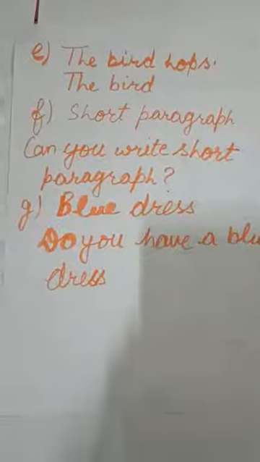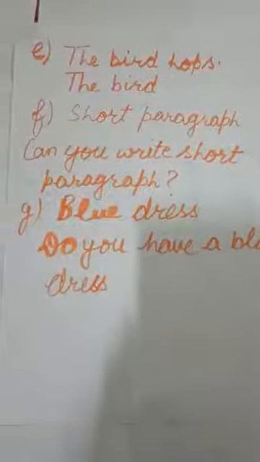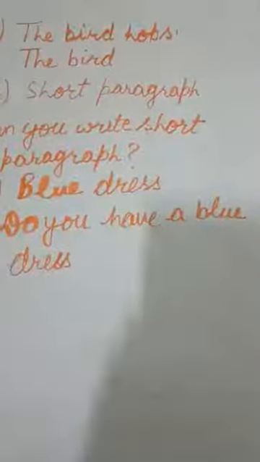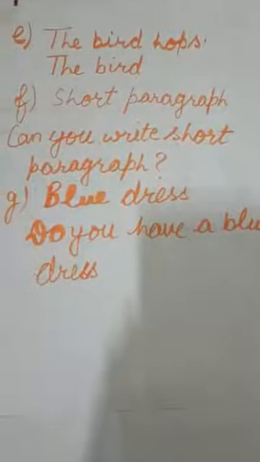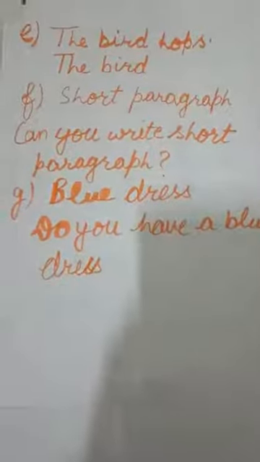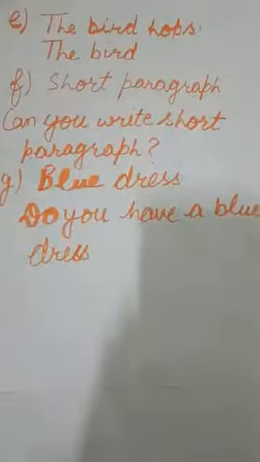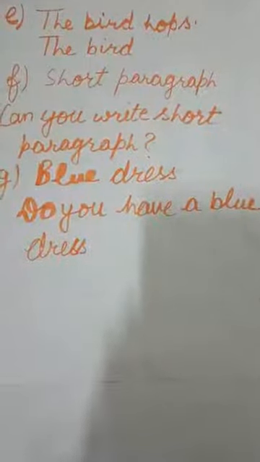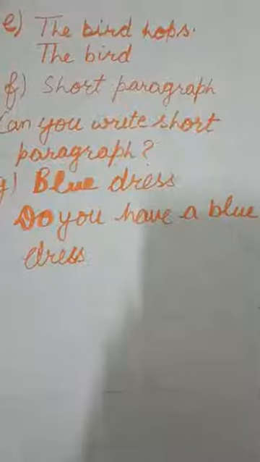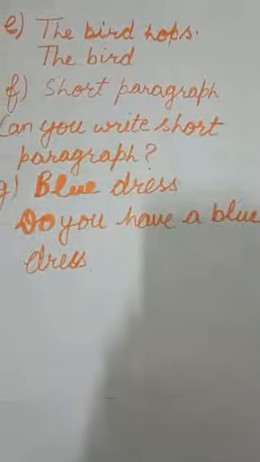I have given you 2 exercises to do. In one you have to arrange the words into a sentence, and in the second one you have to underline the complete sentence and put punctuation marks as well as capital letters whenever necessary.